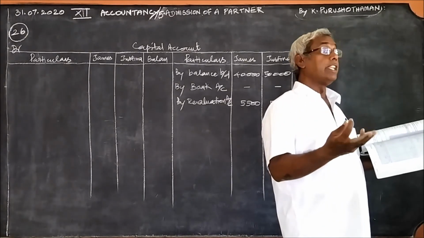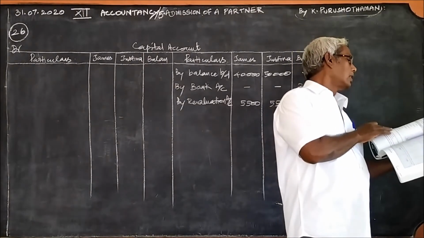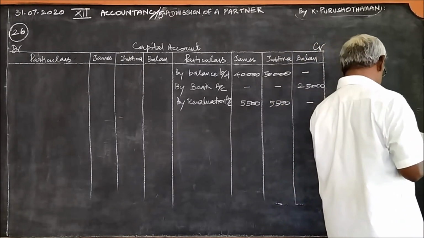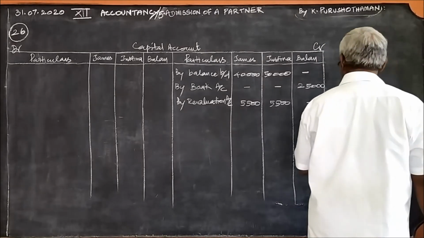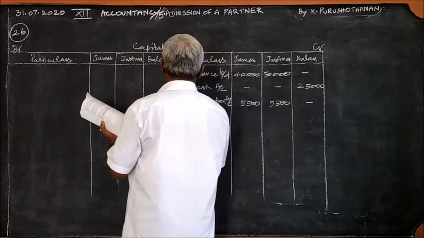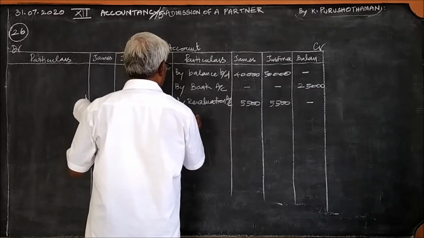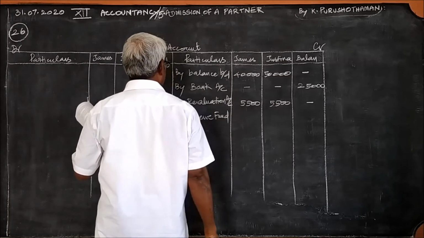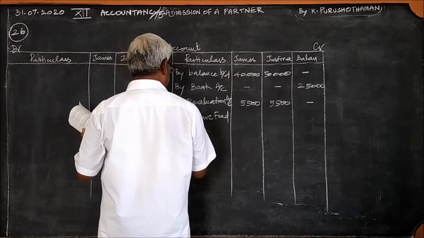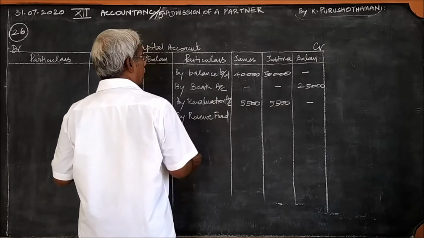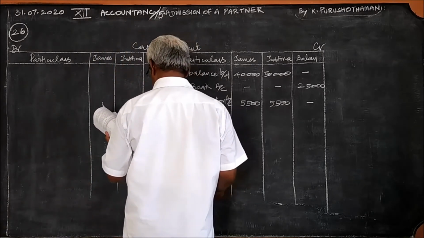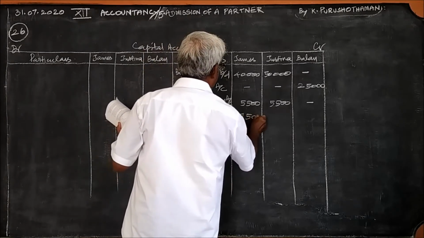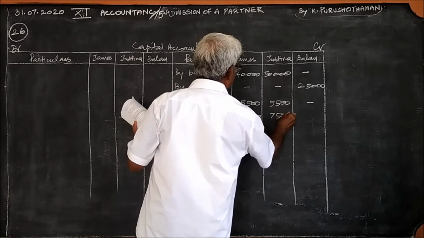All these items are appearing or not. Here the reserve fund is given. Reserve fund, general reserve, workmen's compensation fund always appear on the credit side according to the problems given here. This is 15,000, and the partners are equal partners, therefore 7,500.